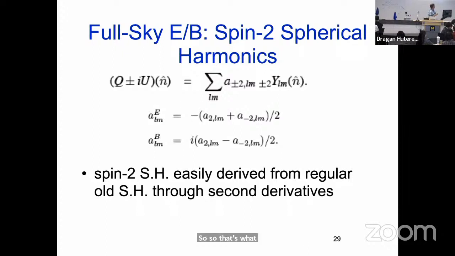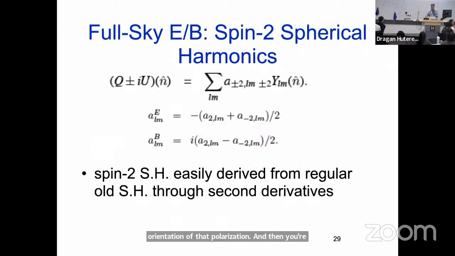They're either the symmetric or anti-symmetric sums of the spin 2 spherical harmonics. But again, this is all about saying which way the fields are varying compared to the orientation of the polarization. Q and U tell you something about the orientation of that polarization, and then you're comparing that with the second derivatives of how these things are changing.